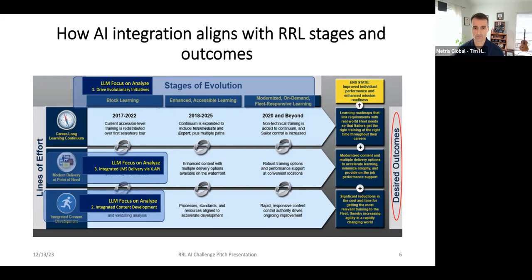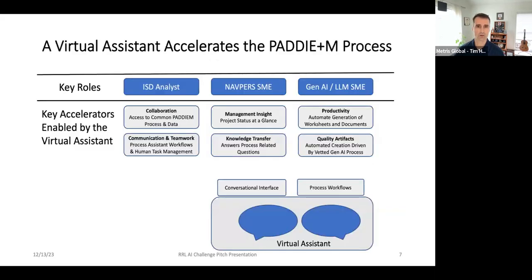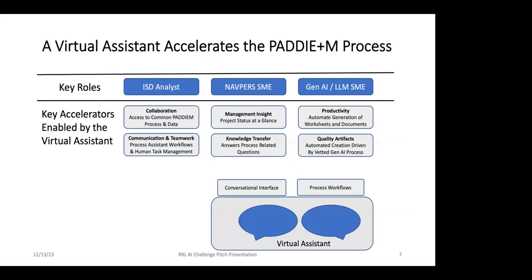And with that, I'm going to turn it back over to Mike to talk about why we used a virtual assistant. Thank you, Tim. So the virtual assistant's role is to bridge the gap between the technology, the Gen AI and the large language model, and help them do the PADI-M process. So the roles like an ISD analyst, the Navy subject matter experts for the rating in question, and maybe assisted by a Gen AI specialist there in the background, leverage a virtual assistant to generate all of these artifacts in as automated and as efficient a way as possible.